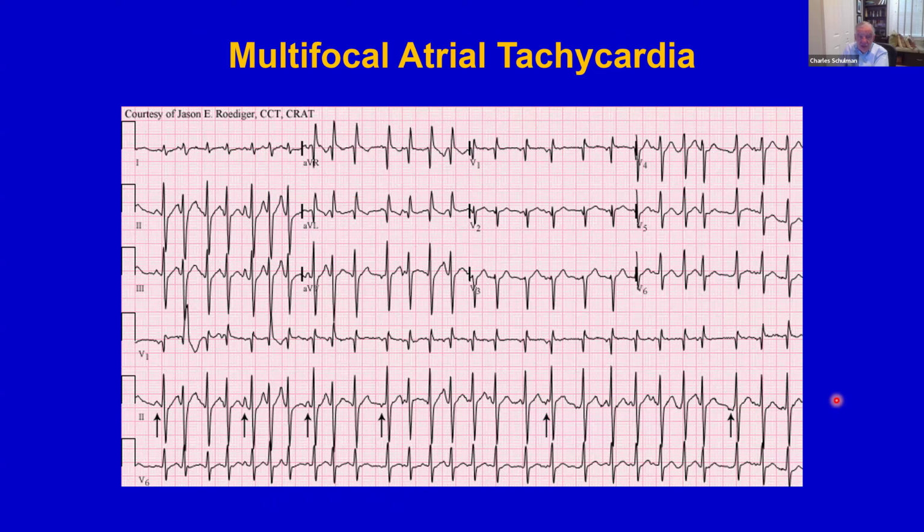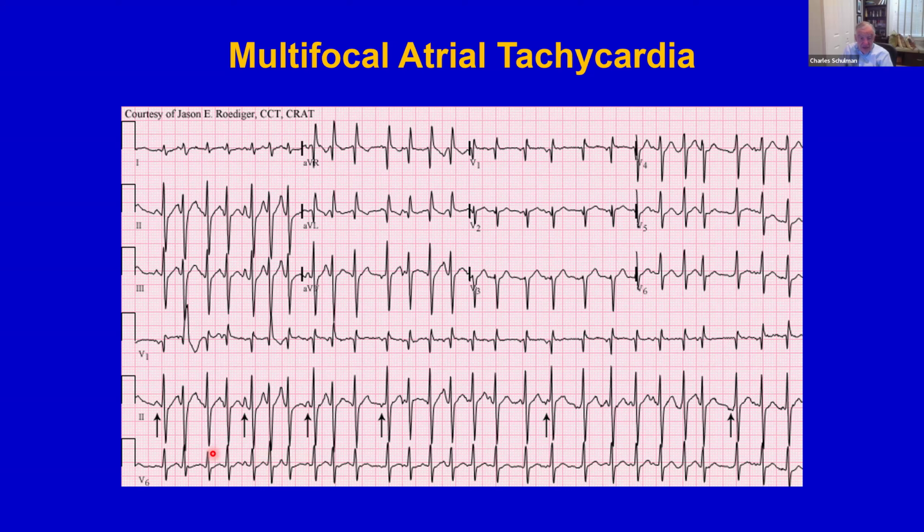Okay, now this is multifocal atrial tachycardia. What you see here is a clear baseline, and there are clear P waves of at least 3 configurations. So it's narrow complex, rate over 100, and at least 3 different P waves that are obvious.